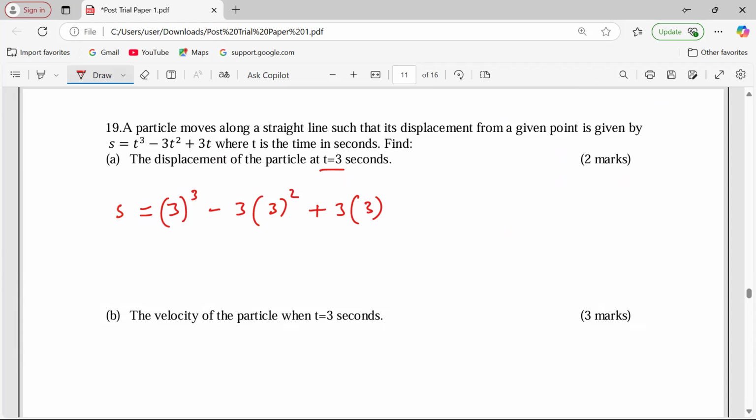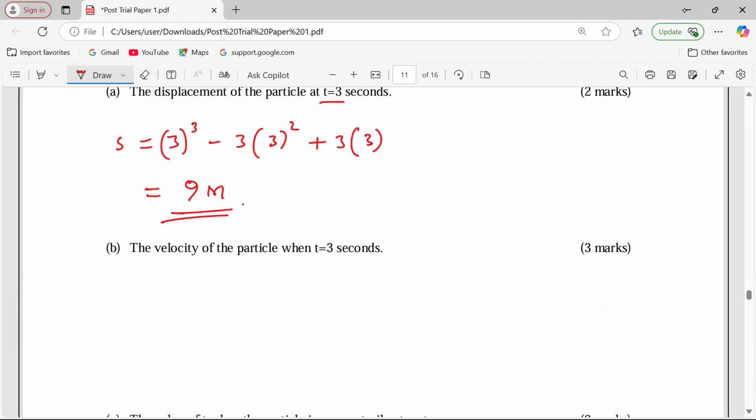So we start by 3, we cube it, -3, then we open brackets, 3 squared, then 3, and we open brackets for 3 again, that way. So 3 raised to power 3 minus 3 into 3 squared plus 3 into 3. So we get exactly 9 meters. This one is the displacement. Displacement is distance in a specified direction.